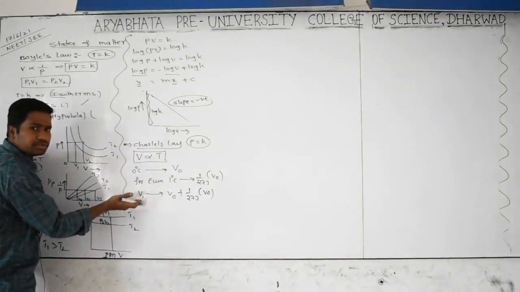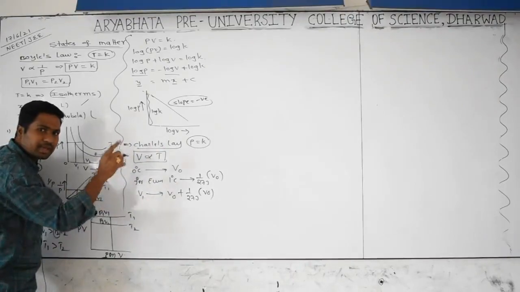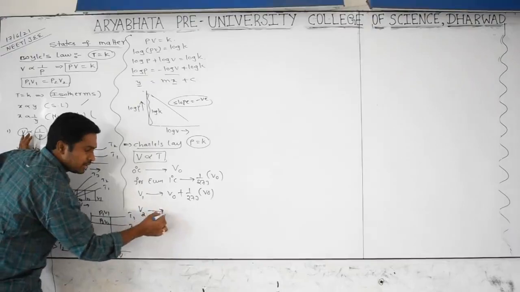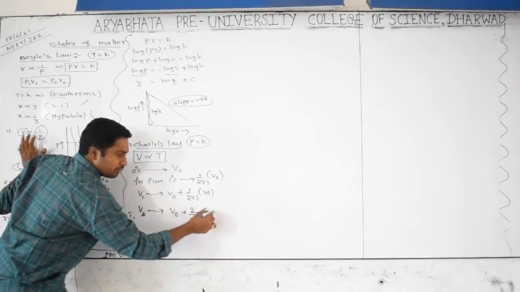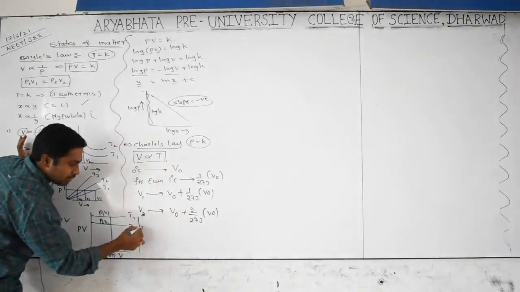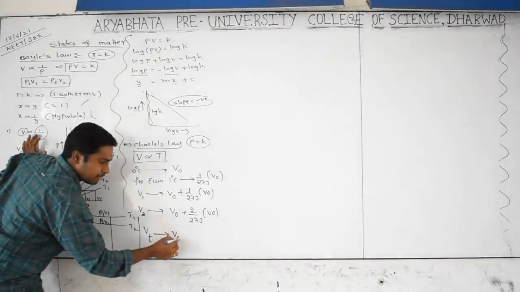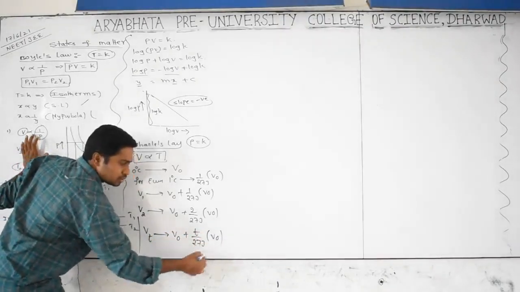Because temperature is increasing, volume is also increasing, by 1/273 part of the initial volume of the gas at 0 degrees Celsius. At 2 degrees, V0 plus 2/273 of V0. Like that, Vt, the volume of a gas at T degrees Celsius, is V0 plus T/273 of V0.